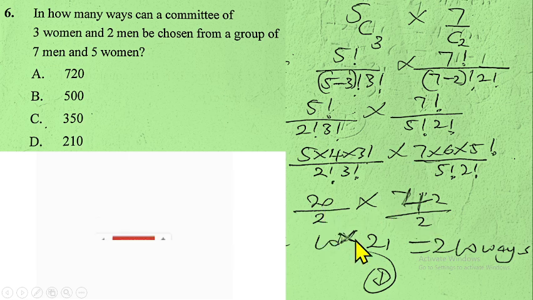So 2 can go in 20, that gives us 10. 2 can go in 42, that gives us 21. Then 10 times 21 will give us 210 ways. So 210 ways is the number of ways that we can get the committee. And if you look at the options provided, option D is the correct option for question number 6.